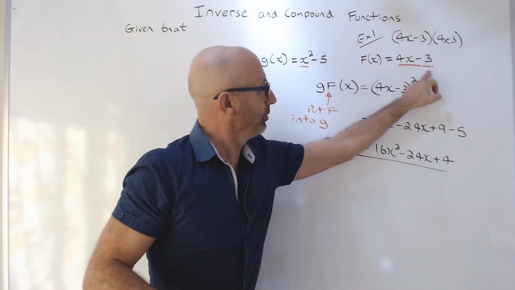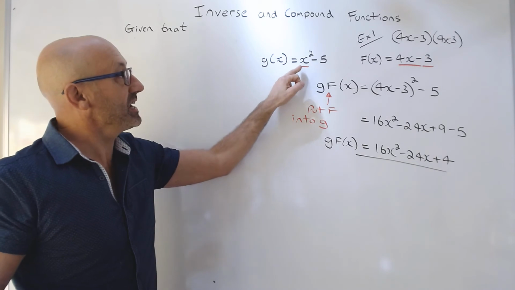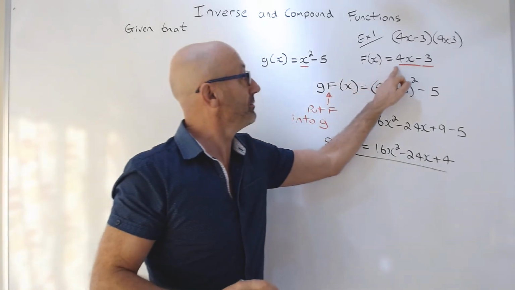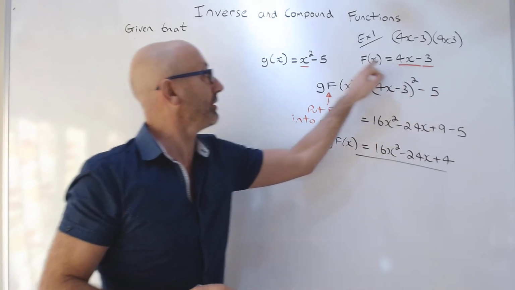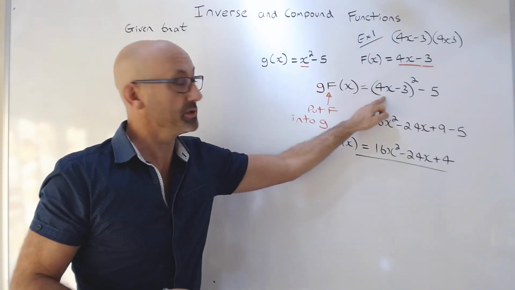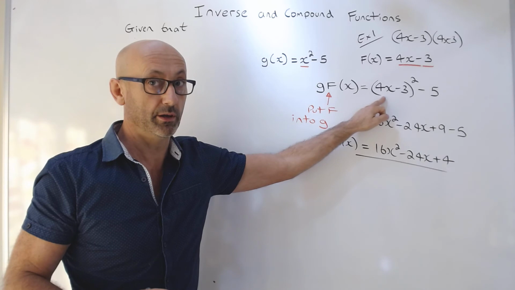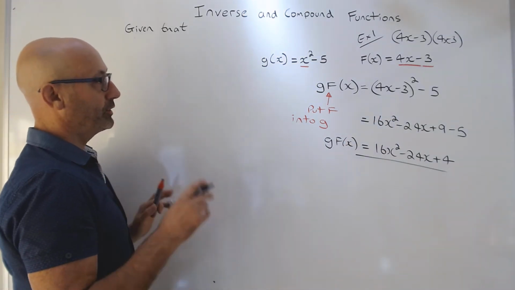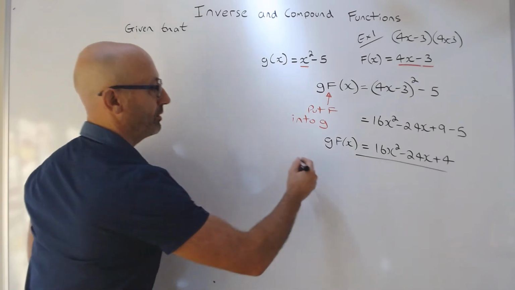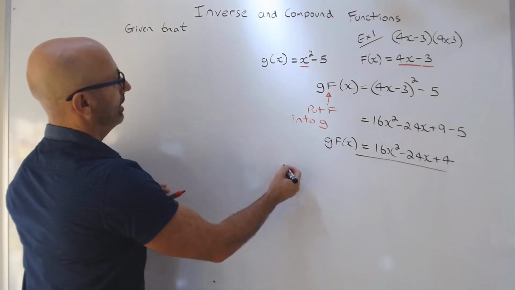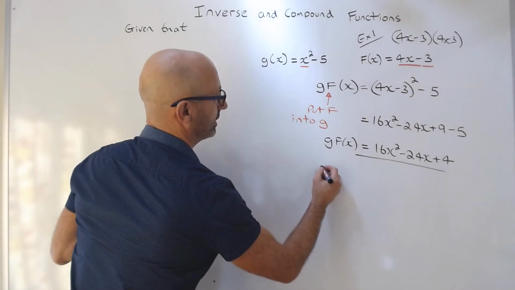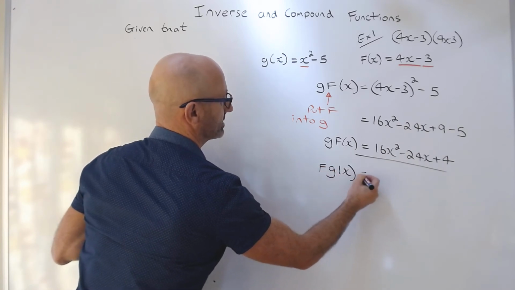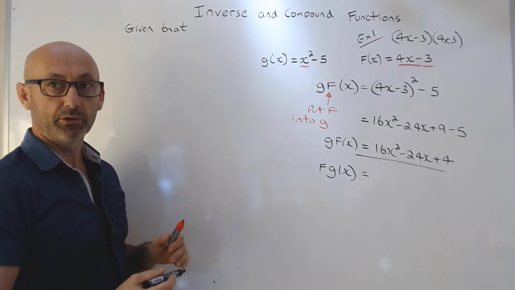f(x) equals the whole of that. So whenever you see x in the other one, you replace it with the bit that's underlined. The whole of that replaces that, which is what you've done. Okay. I could do it the other way around. So we could go, let's have a look, fg of x, couldn't we?